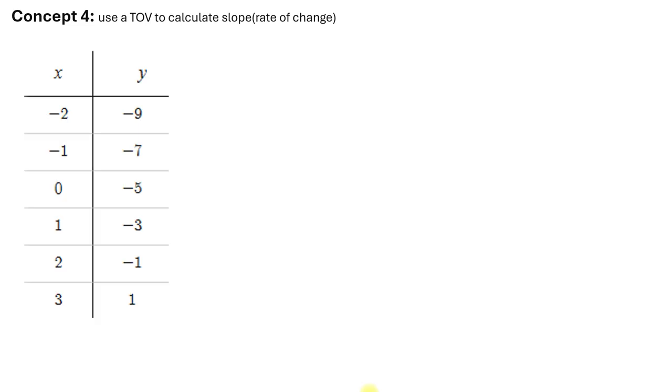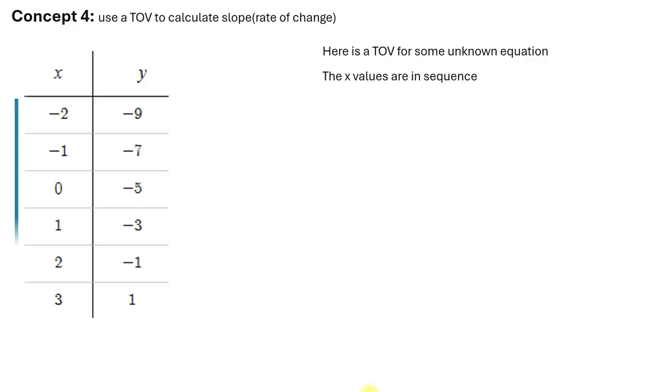Concept 4 involves using a table of values to calculate the slope, or the rate of change. So here's a table of values for some unknown equation. The first thing we need to do is make sure that our x values are in sequence.